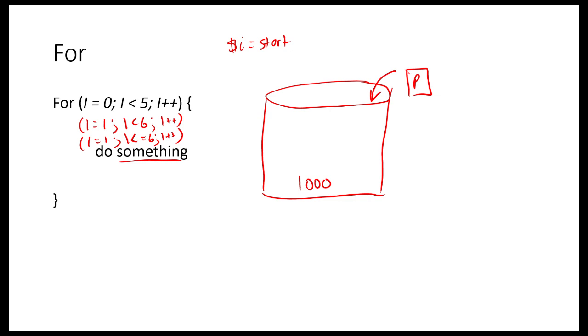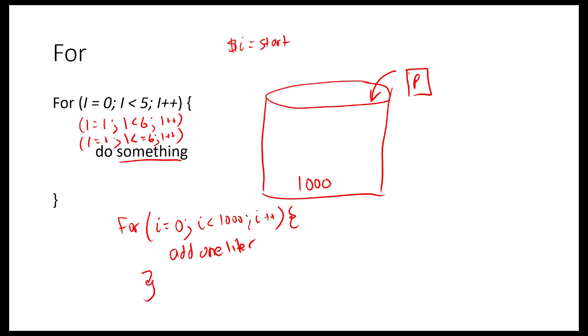So we might do for I equals 0, I is less than 1,000, I plus plus, add 1 liter of water.